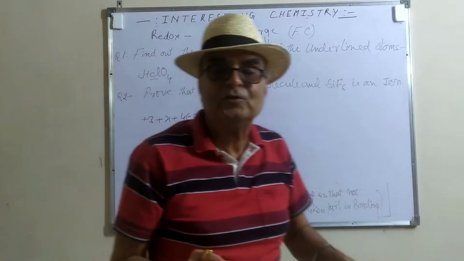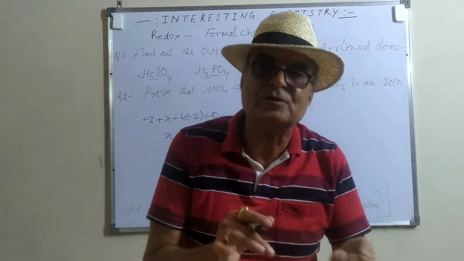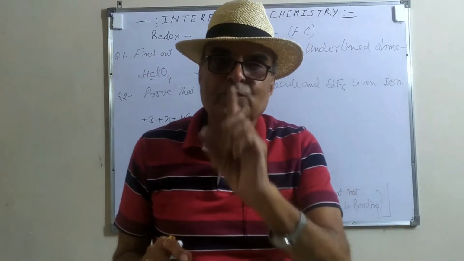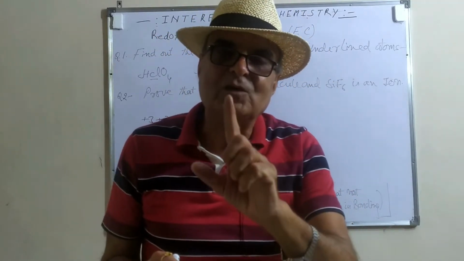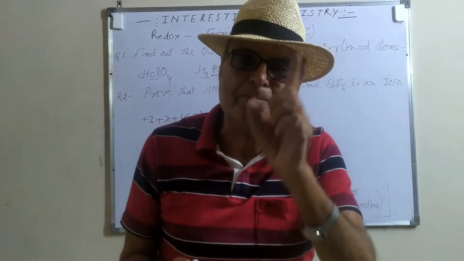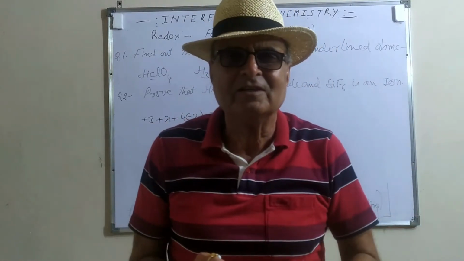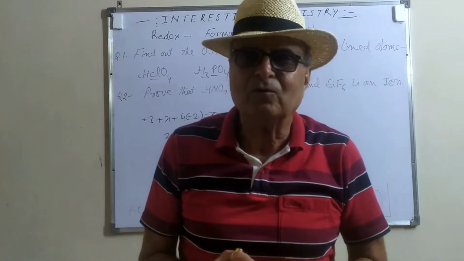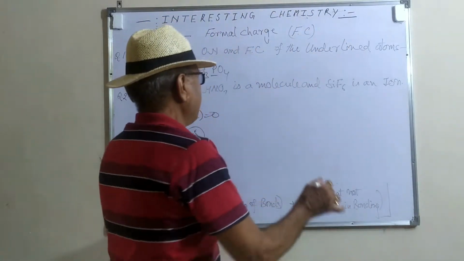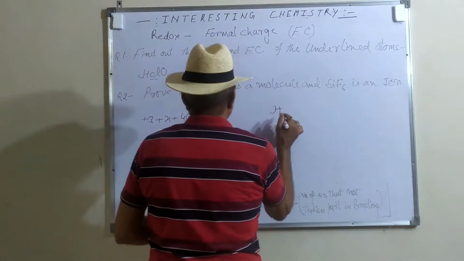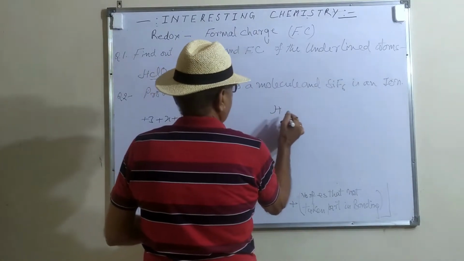As I explained in the previous example, without knowing the Lewis structure of the compound, you can't find the formal charge. So write here the structure of H3PO4.